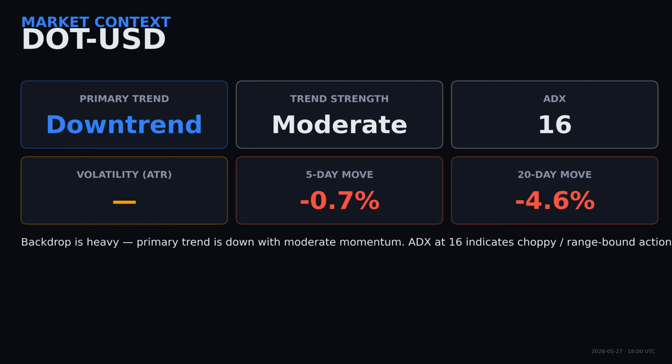On this slide, you've got the primary trend, its strength, the ADX number, and the volatility regime measured as ATR%. Here's the thing, a setup that looks textbook in isolation can totally fail if the broader regime is fighting it. So you want to ask, is this trade swimming with the market current or against it? The 5-day and 20-day moves at the bottom answer that.